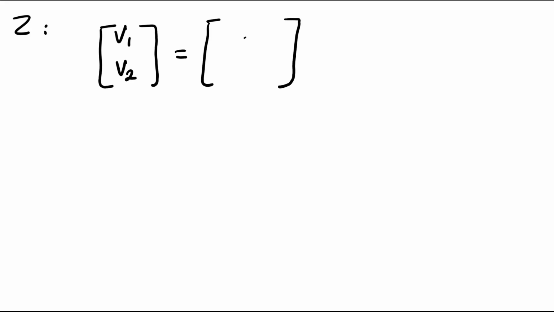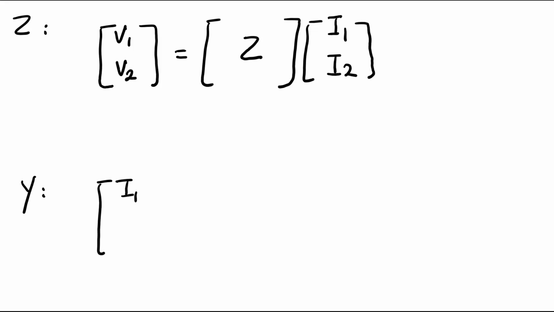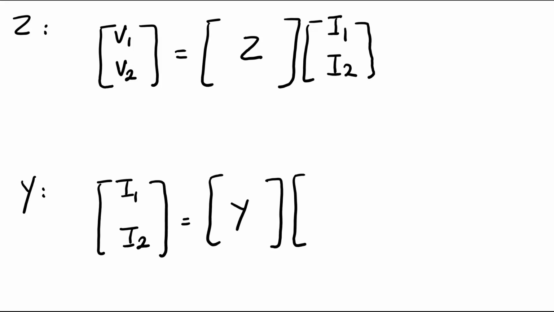So if we have the Z matrix, then our dependent parameters are V1 and V2. So I'm describing them in terms of the Z matrix multiplied by my independent parameters, which are I1 and I2. Now, if I have the Y matrix, this time my dependent parameters are I1 and I2, and I'm trying to describe my dependent parameters in terms of the independent ones, which are V1 and V2.